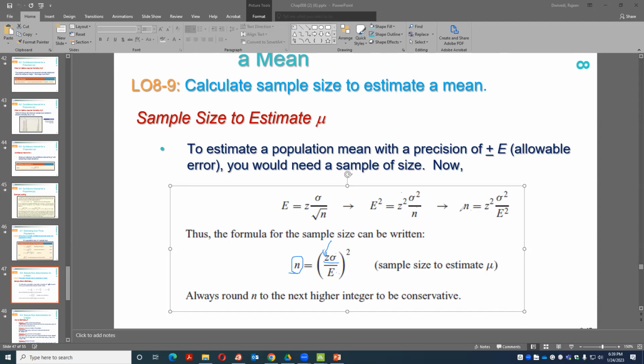For a very simple example, what is the range? Say you know that in this population the range is between 2 and 20.